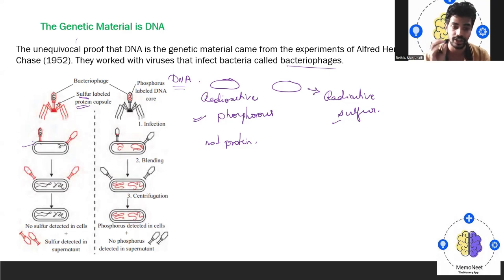Then the viral coats were removed from the bacteria, and the viral particles were separated from the bacteria by spinning them in a centrifuge.